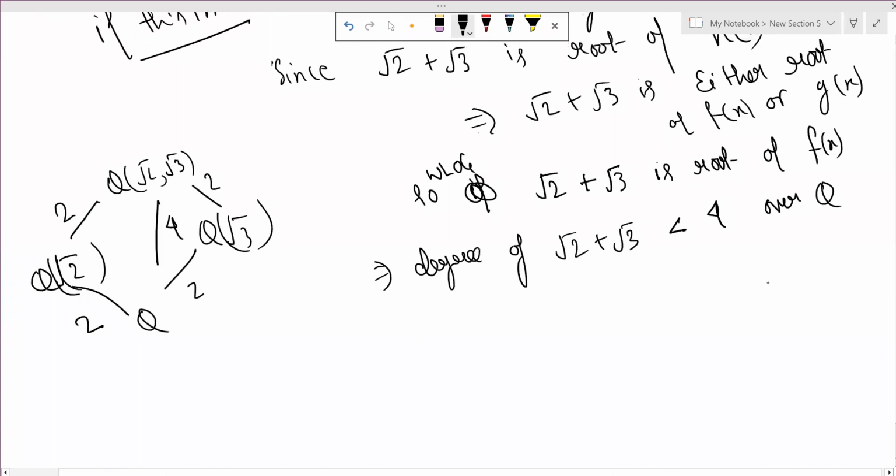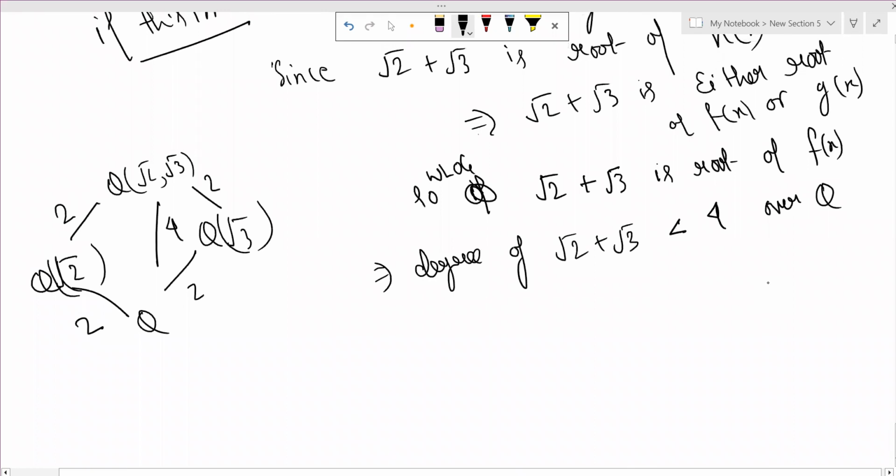Root 2 plus root 3 is strictly less than 4 over Q. Then what is the contradiction?